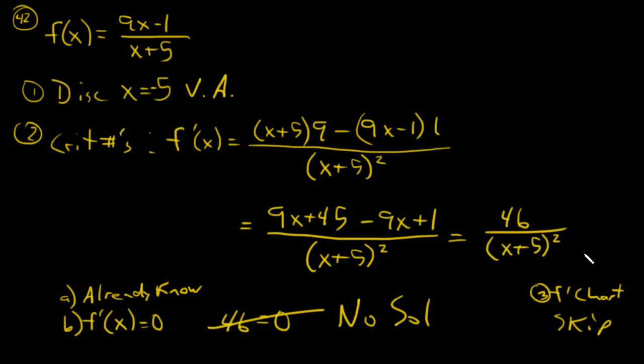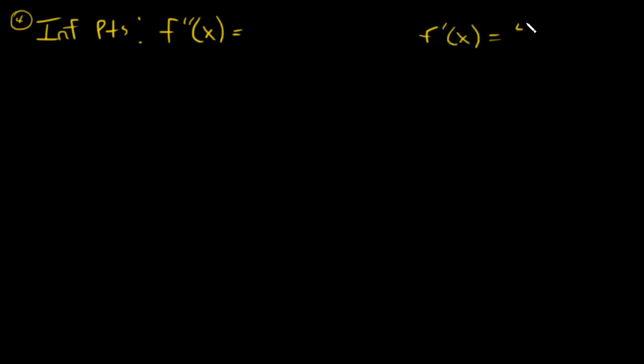So step 4, not step 2, step 4. I get the second bit of information I want, and those are going to be the inflection points. The inflection points require f double prime. Let me do a little work with f prime of x. f prime of x was 46 over (x plus 5) quantity squared, right?